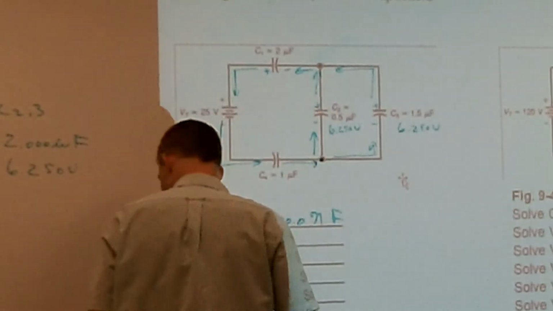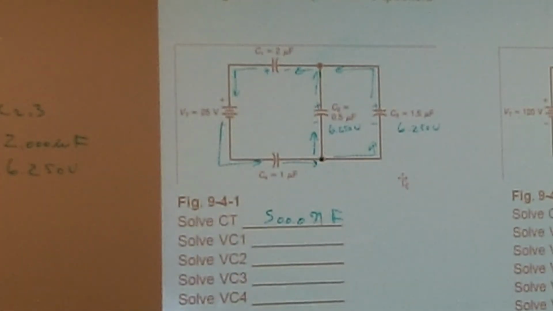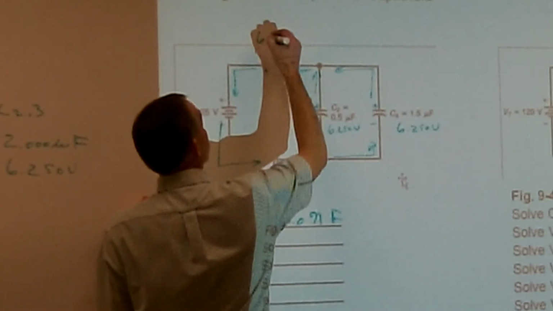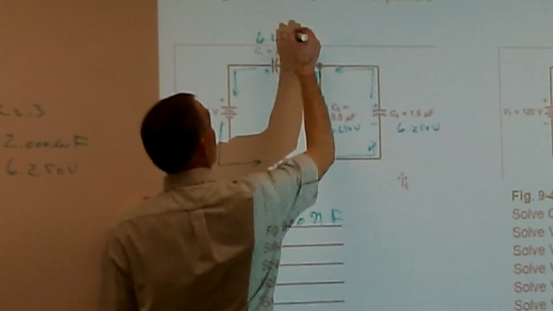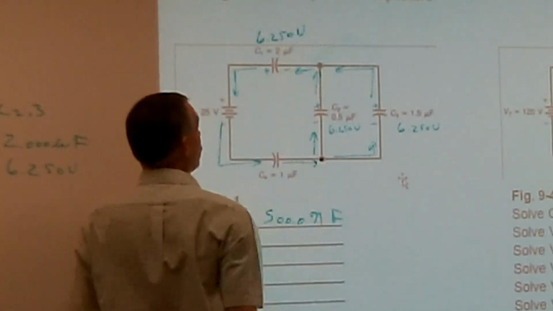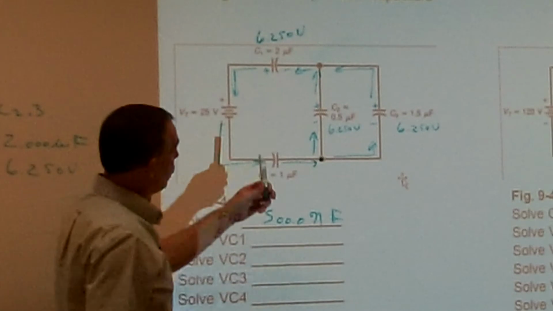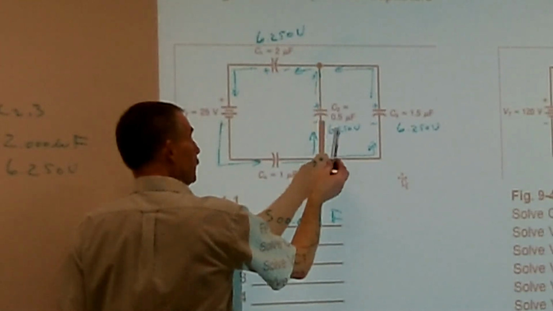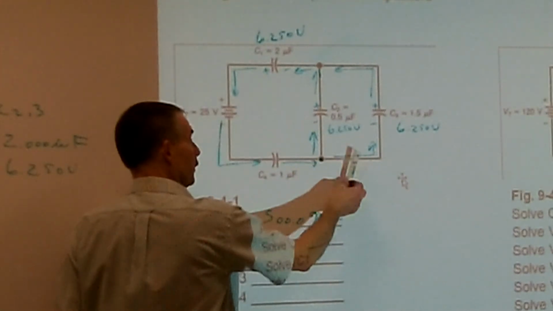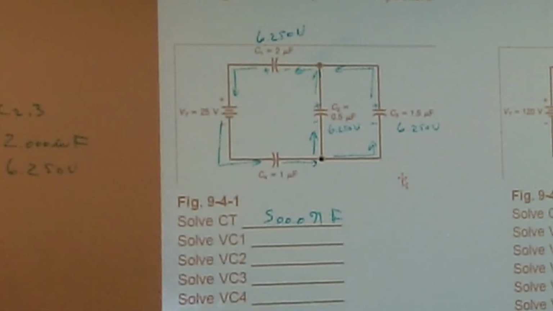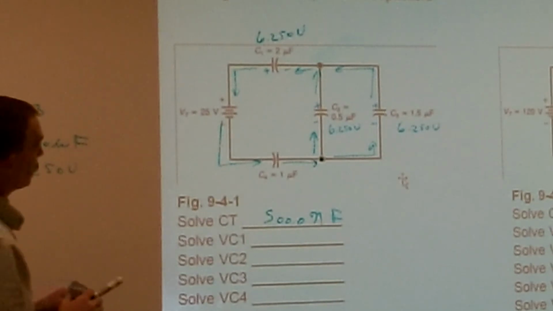And then the current's going to stop before C2 charges up, and that one's also going to drop its 6.25 volts. Okay? But a lot of our rules still hold the same. In parallel circuits, voltage remains constant. My current remains constant through a series circuit. So all those rules still apply.